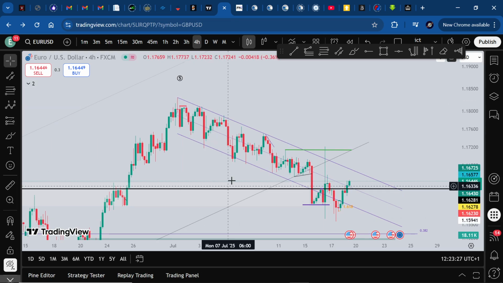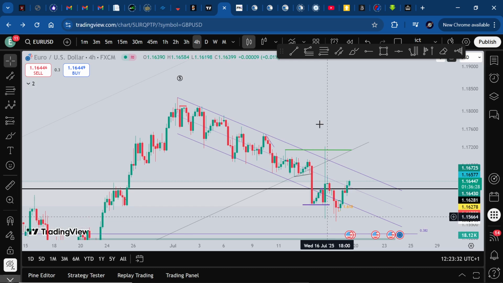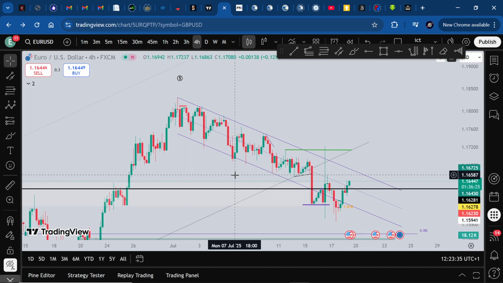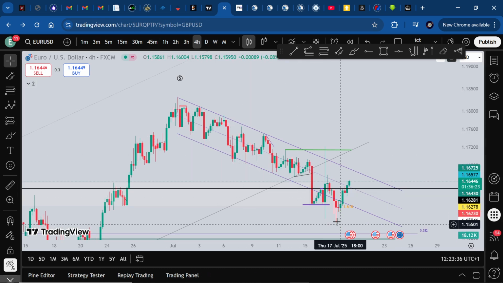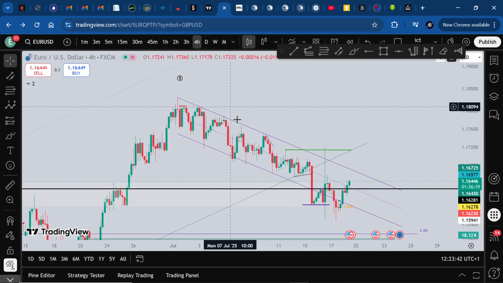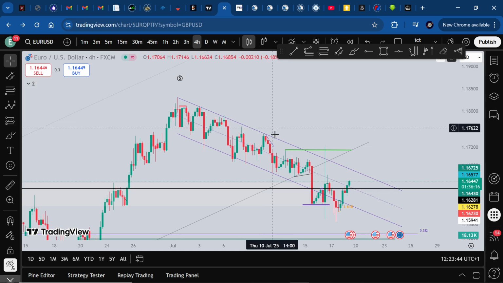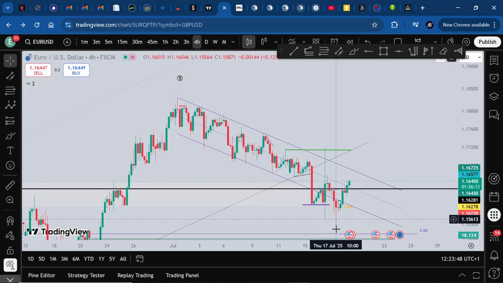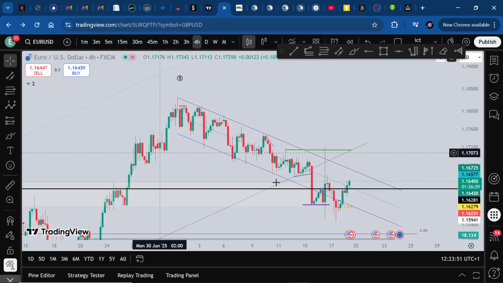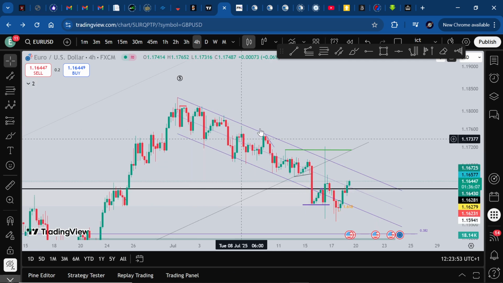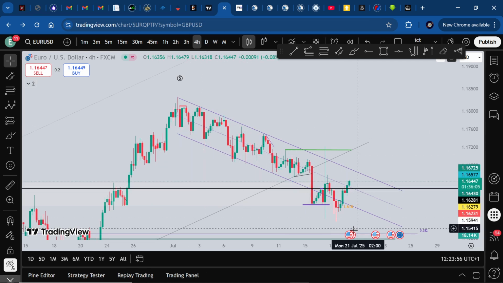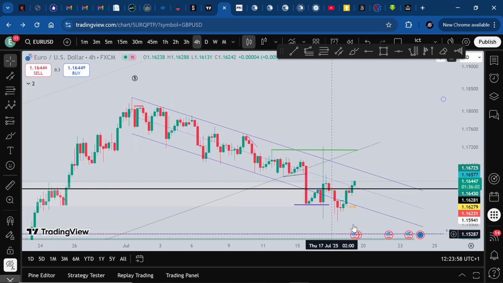I'd say A, B, or B here, then C. And with that I would go with W, X, and Y down here, because I would go A, B, C, A, B, C, A, so that's 1, and then we've got A, B, and C. Remember, we've got a lower low here. So I would mark it W, X here or there, and Y down here. So my count would start 1, 2 from here.